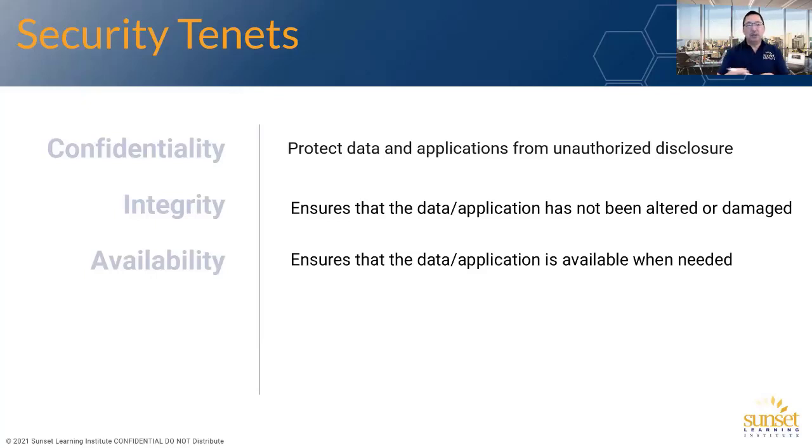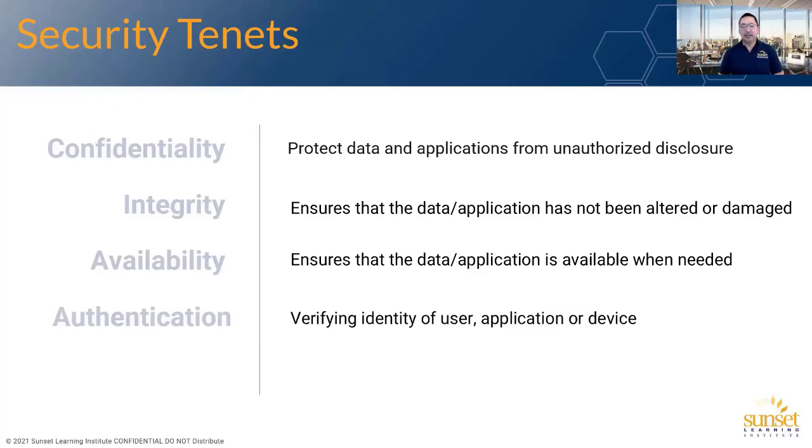Now, we affect these tenets in many different ways. In this particular discussion, we're talking about people or applications being able to access data or other resources that we put into AWS. The way we allow access is, first of all, by verifying the identity of the users, applications, or whatever devices they may be using through the process of authentication.